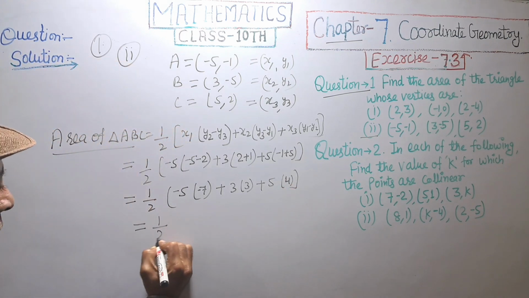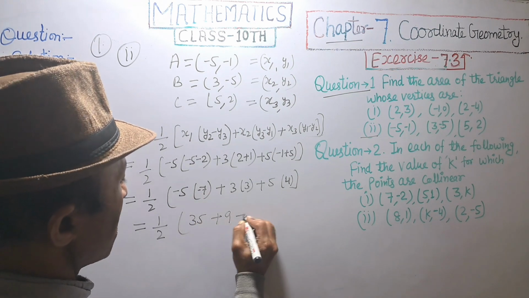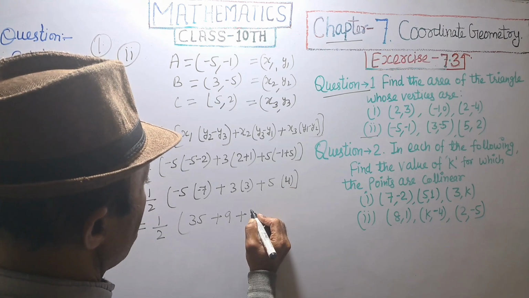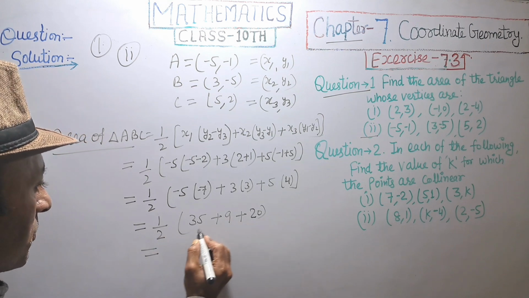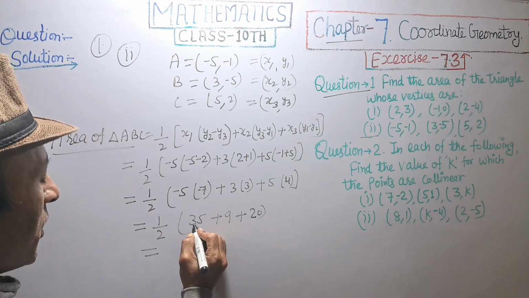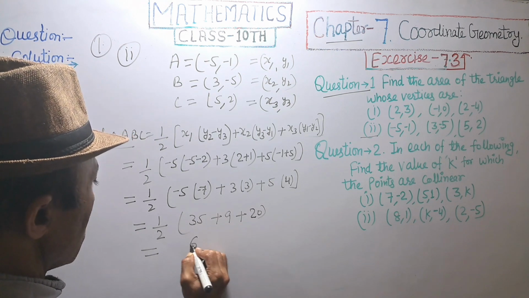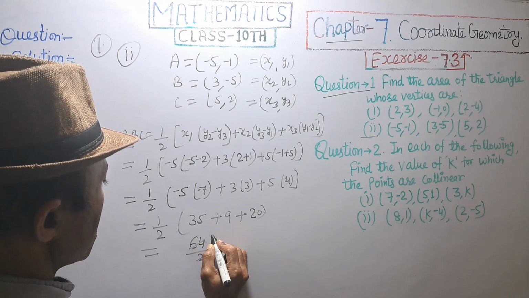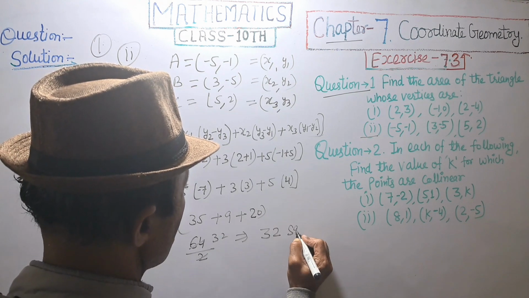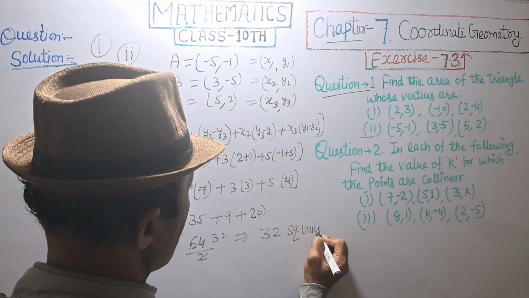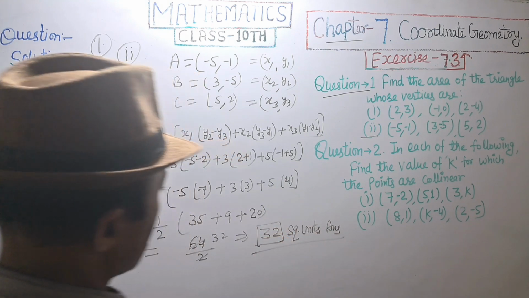This implies this is equal to 1 by 2, 7 5s are 35, 3 3s are 9, plus 5 4s are 20, that is equal to 20 plus 35 plus 9, 64. 64 divided by 2 is equal to 32. This implies 32 square units. Answer.